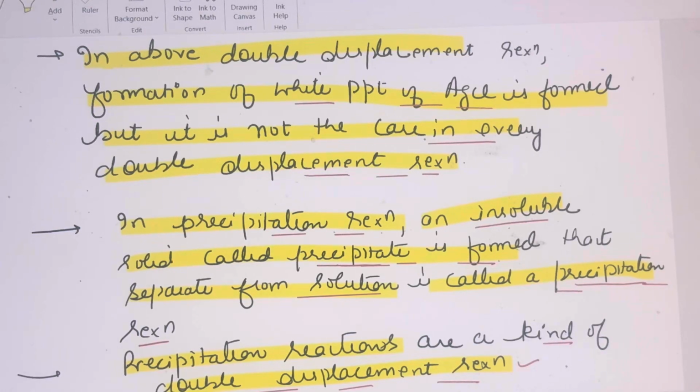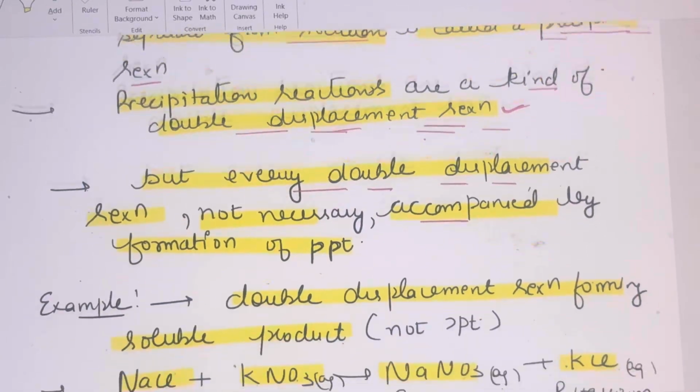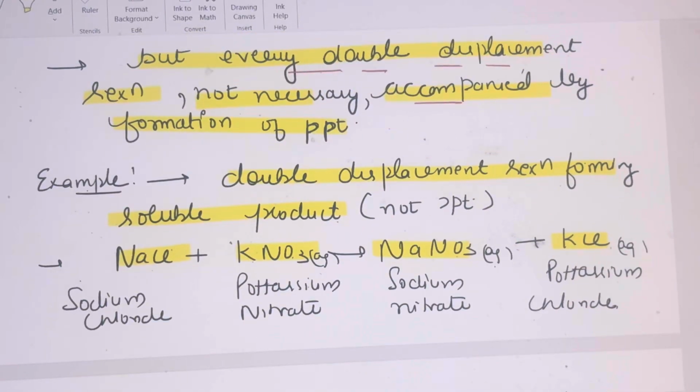And you know students, precipitation reactions are always a kind of double displacement reaction. स्टूडेंट, जिस भी रिएक्शन में प्रेसिपिटेशन होगा दे आर द एग्जाम्पल ऑफ डबल डिस्प्लेसमेंट रिएक्शन. एंड बट इन एवरी डबल डिस्प्लेसमेंट रिएक्शन इट इज नॉट नेसेसरी स्टूडेंट्स दैट इट इज अकम्पैनीड बाय द फॉर्मेशन ऑफ प्रेसिपिटेट. इट मीन्स कि हर एक डबल डिस्प्लेसमेंट रिएक्शन में ऐसा जरूरी नहीं है बेटा कि ऑलवेज प्रेसिपिटेशन occurs. Sometimes some soluble substances are also formed.